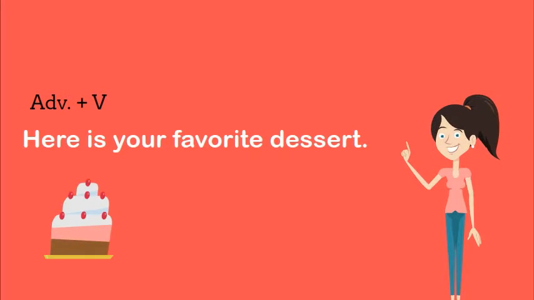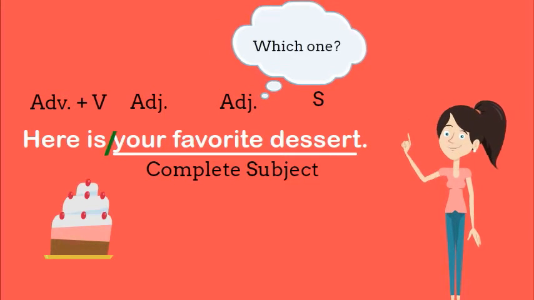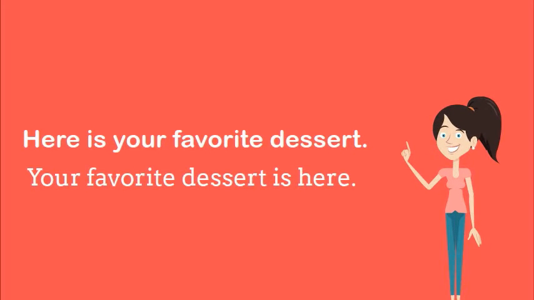So the complete subject is everything after the verb is, which in this sentence, your favorite dessert is your complete subject. The simple subject would be dessert, since the words your and favorite are describing the subject by answering which one, making them both adjectives. If you read it in reverse order, it should make sense. Your favorite dessert is here.